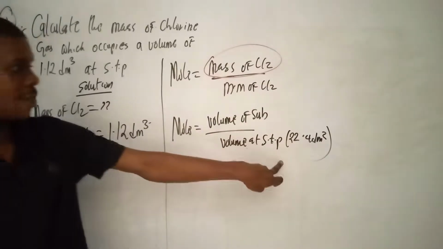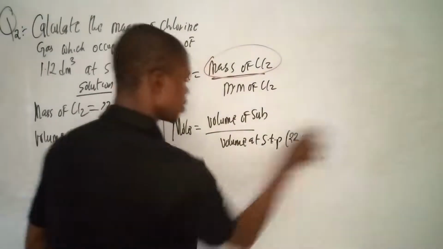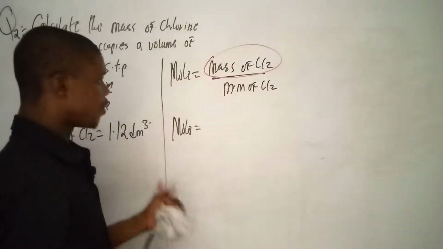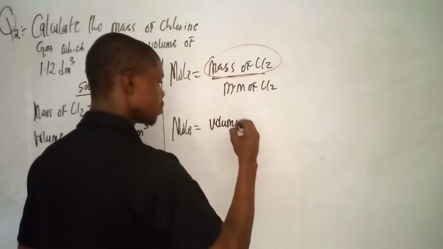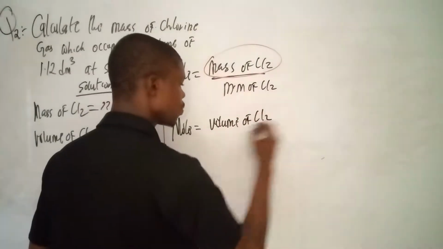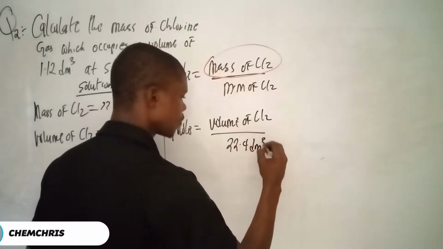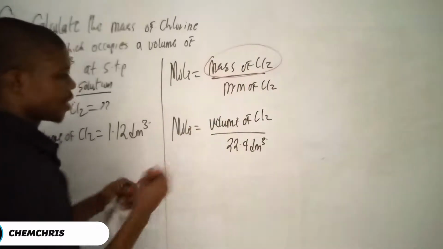I believe you can remember this formula here. Because it involves chlorine, mole equals volume of Cl2 over 22.4 dm³.